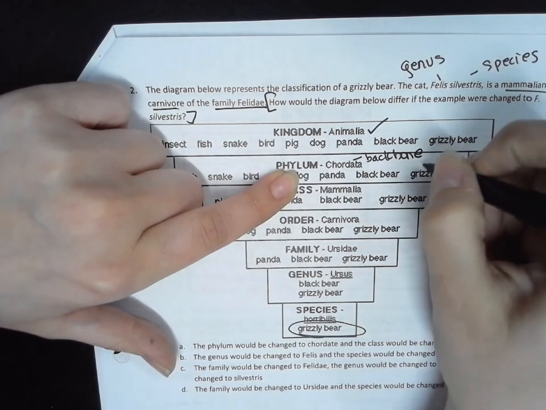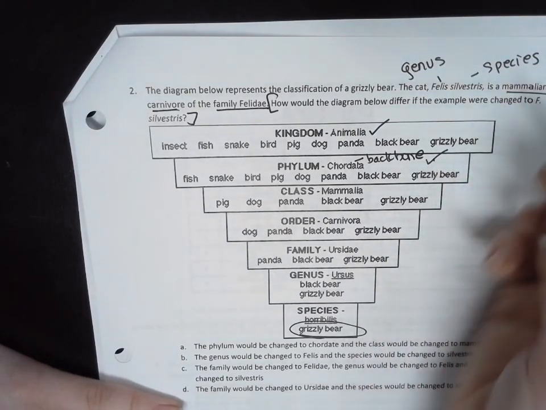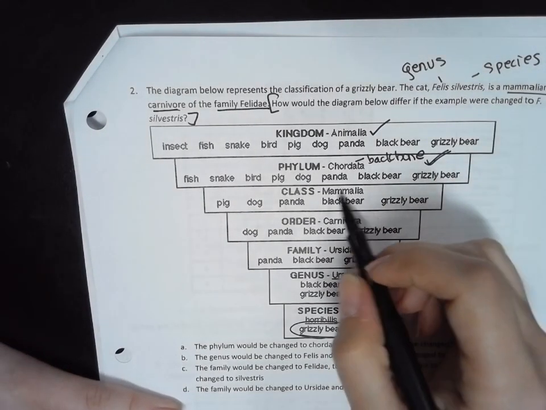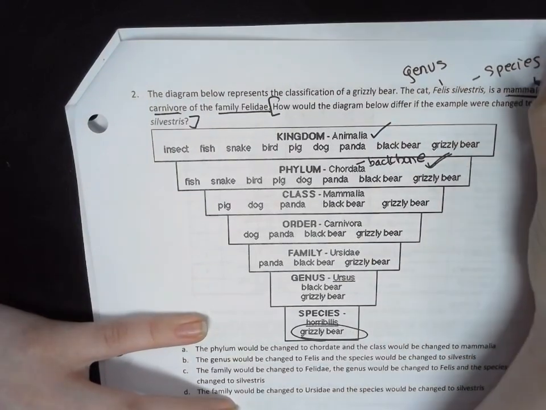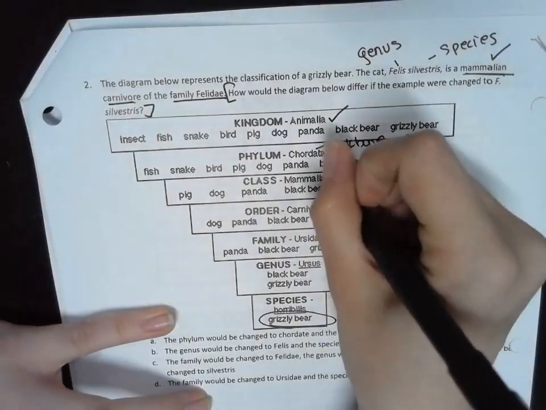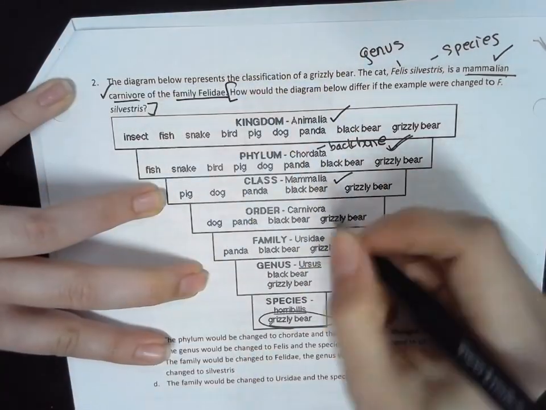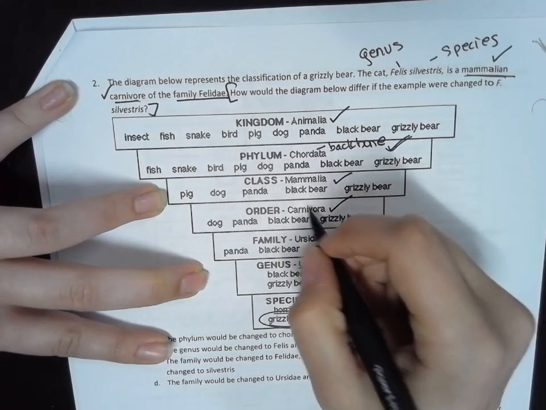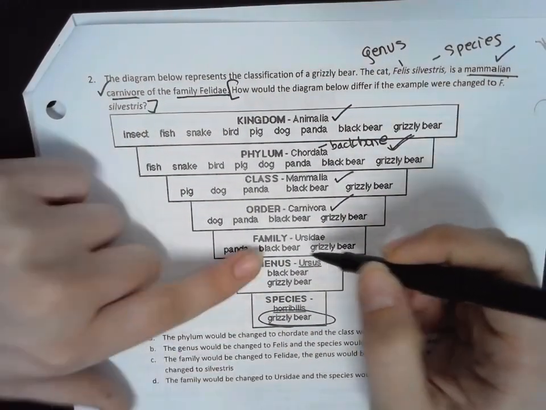Cats definitely have a backbone or a spine, so that's a check mark, we're good. This means that, yes, this matches the cat. Mammalia is just, is it a mammal? And this tells me, yes, it is a mammal, so I put a check mark. The carnivore, it tells me it's a carnivore, which matches Carnivora. Carnivora looks like carnivore. And then the family, it tells me it's Ursidae.